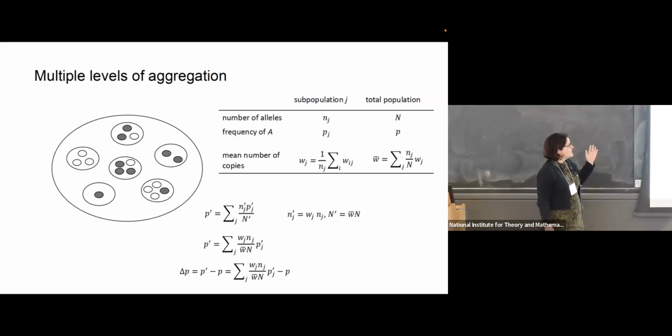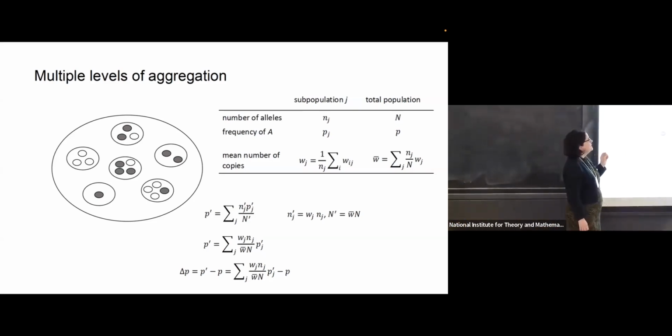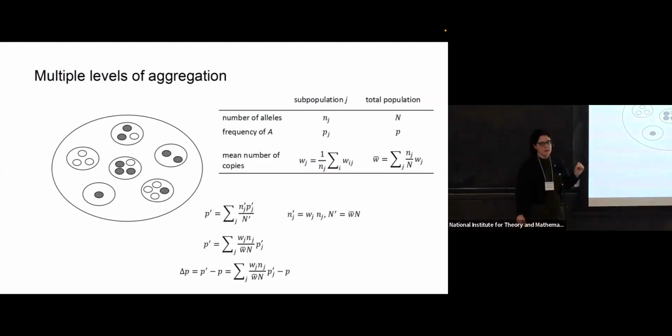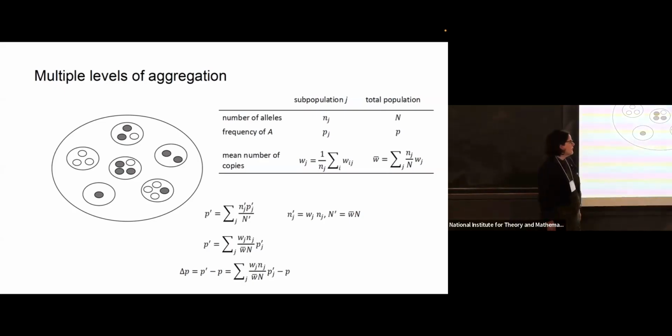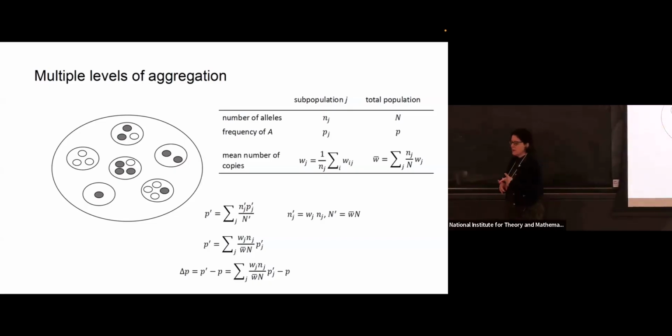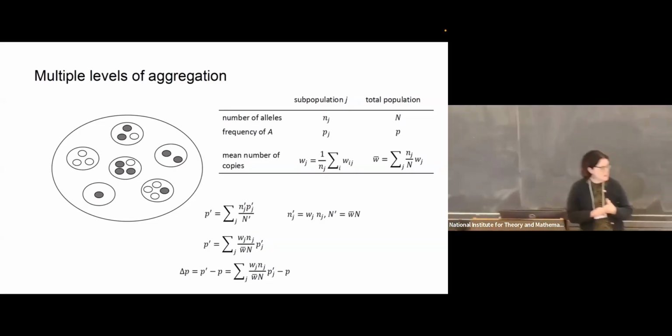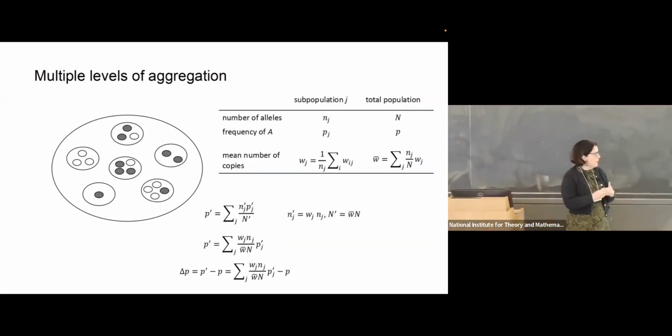So we have subpopulations that we're indexing with J. In each of those, the number of alleles, or the number of individuals, it's the same since we're haploids, is NJ, total population size of N. We'll track the frequency of A in each subpopulation, the overall frequency as well, P, and then we can track the mean number of copies of big A in both a subpopulation J and in the whole population.